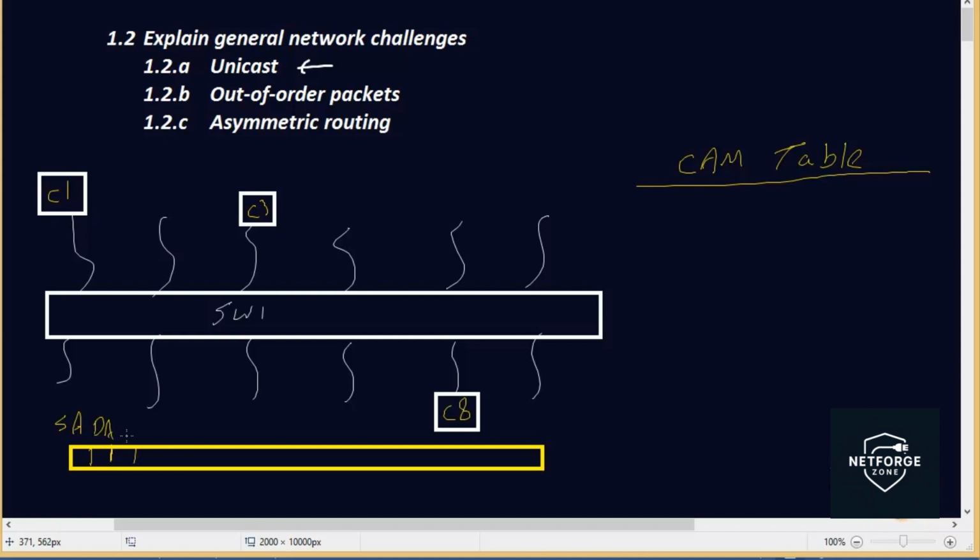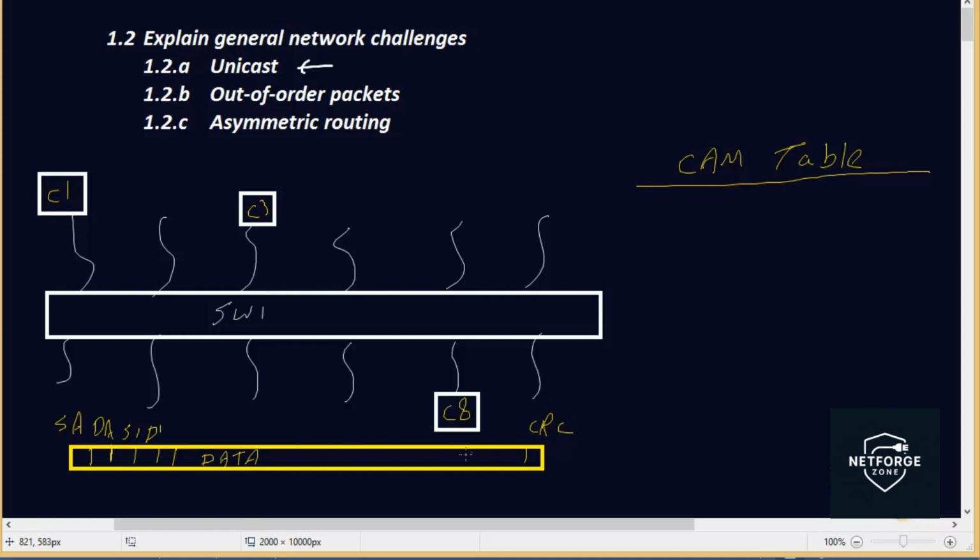Then we have a source IP address, and then a destination IP address. And then we can have other items, such as types, such as the content type, and the rest of that is data. And finally, we have a trailer here. The trailer is just a CRC, cyclic redundancy check, or we can call it a checksum.